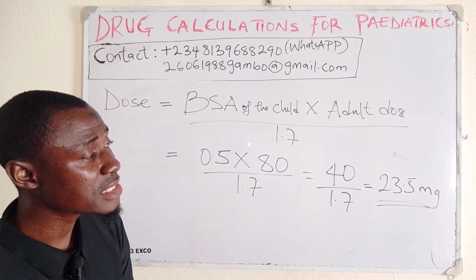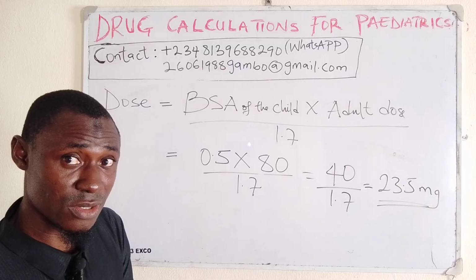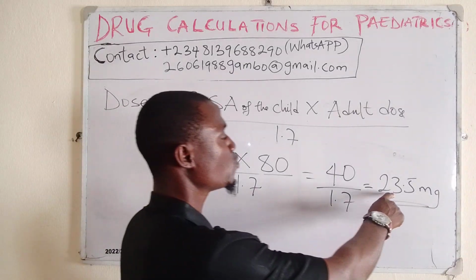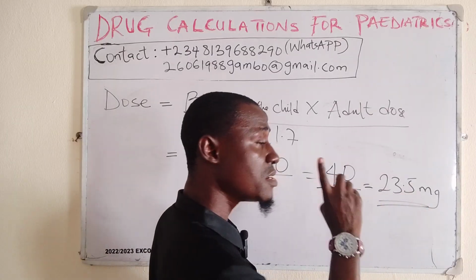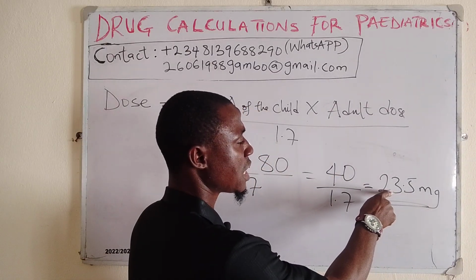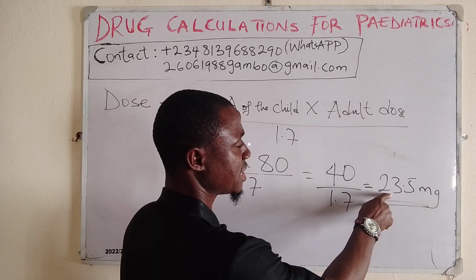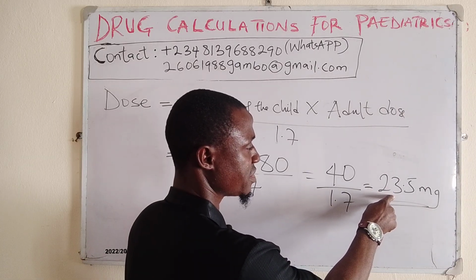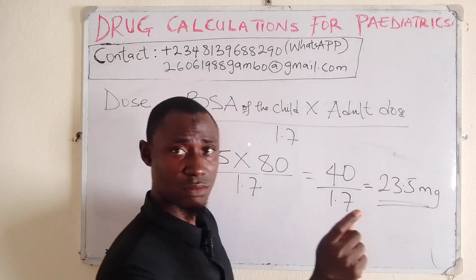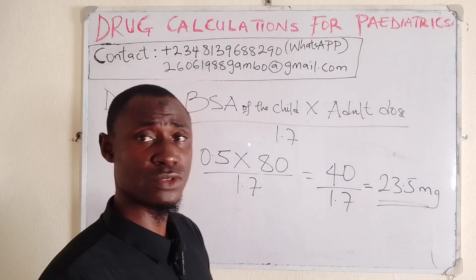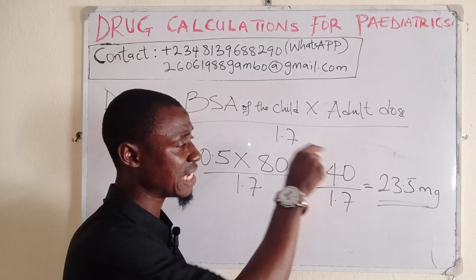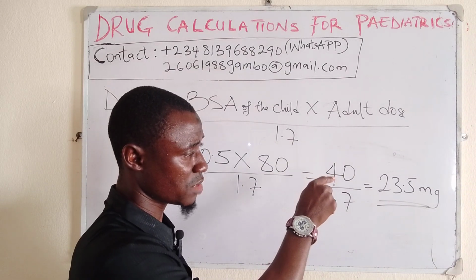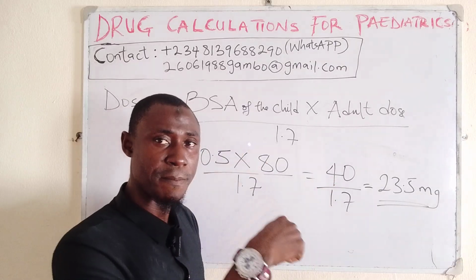Since the drug in question is an injection, there is need for us to get the equivalent of this 23.5 milligram in mils, because if I should give you the ampoule of gentamicin, it will be difficult for you to bring out this dose in mils. But of course, we can get the equivalent of this particular 23.5 milligram in mils.